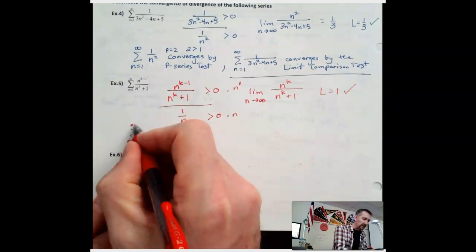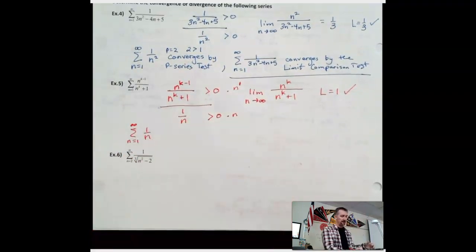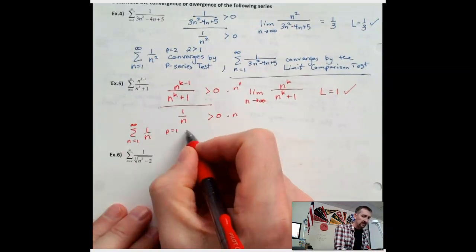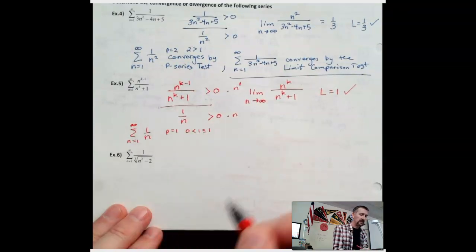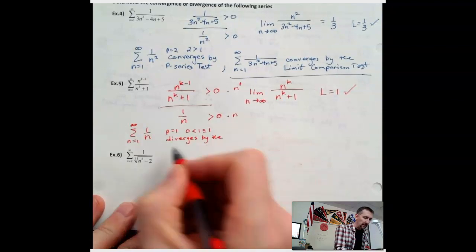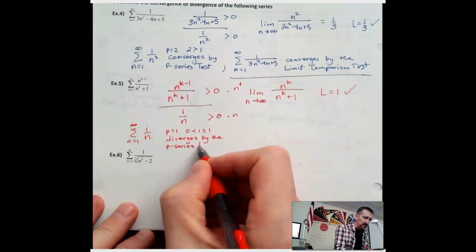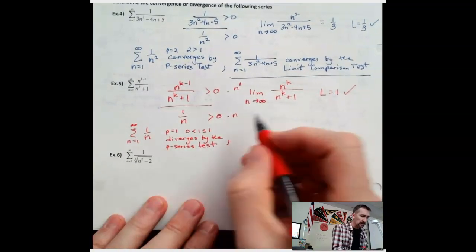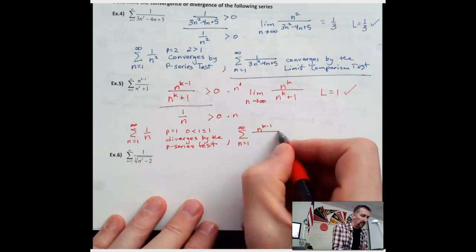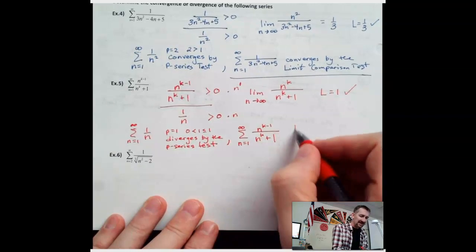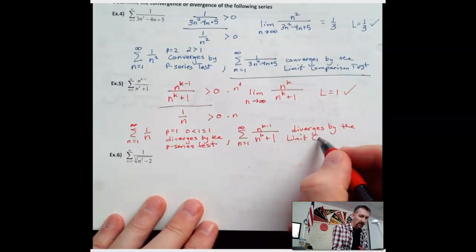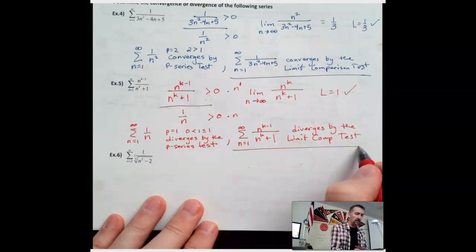The sum from n equals 1 to infinity of 1 over n is a p-series, so p equals 1, that's to the first power, and 1 is in there, so that diverges by the p-series test. So this diverges by the limit comparison test.